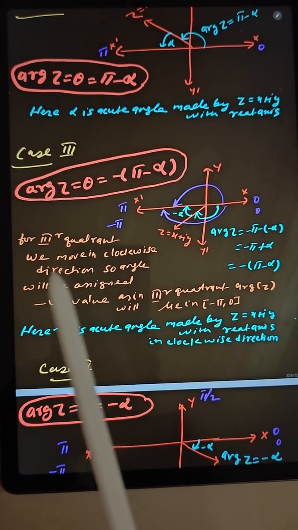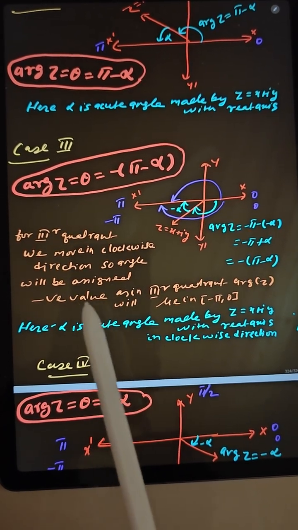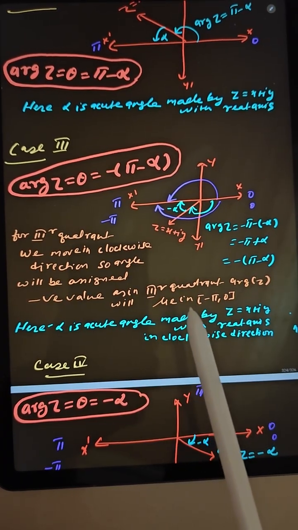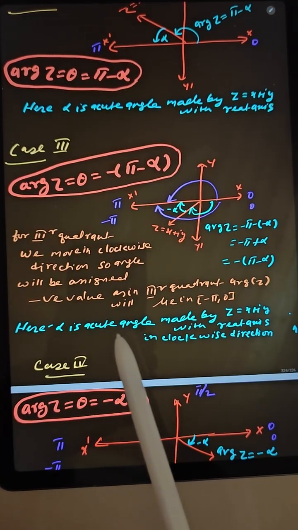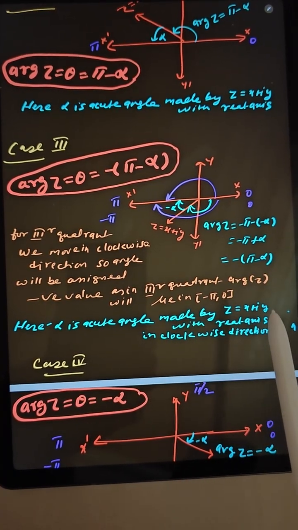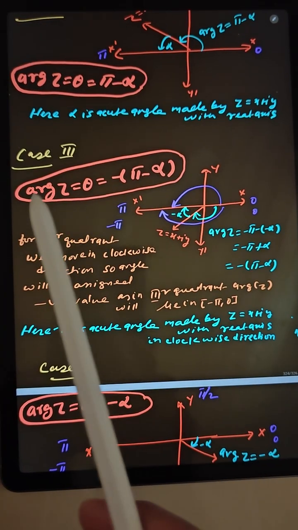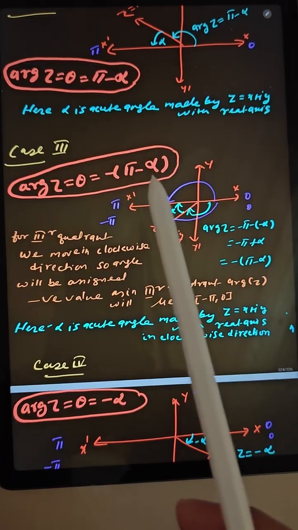For the third quadrant we move in clockwise direction, so the angle will be assigned a negative value, as in the third quadrant the argument of z lies between minus pi and 0. Here minus alpha is the acute angle made by z = x + iy with the real axis in clockwise direction, and the argument of z, that is theta, equals minus of (pi minus alpha).